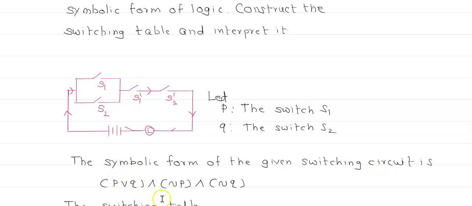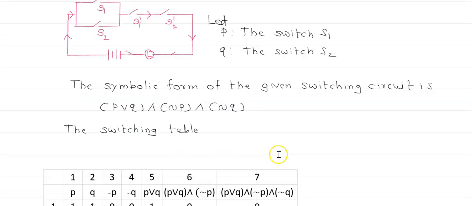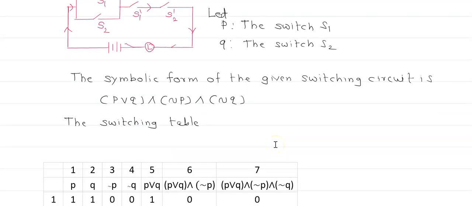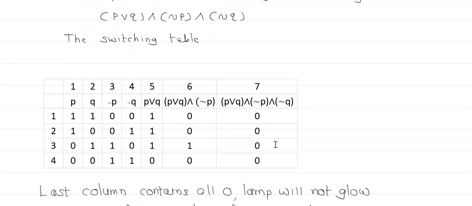Now in this case, we'll perform the switching table. That is, we require P, Q, negation of P, negation of Q. We'll find their disjunction. Next we find P or Q and negation of P. And lastly, P or Q and negation of P and negation of Q.